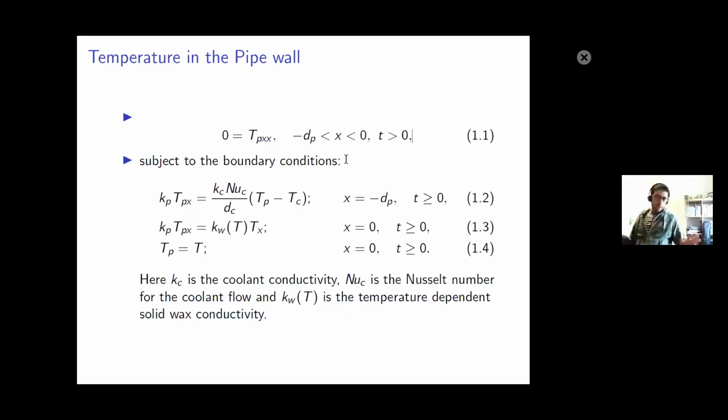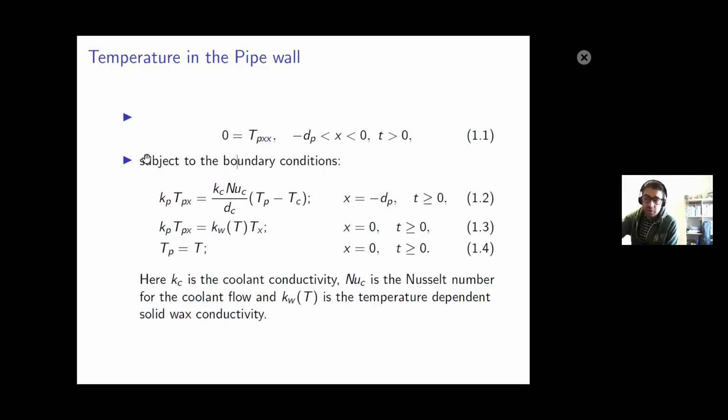Now, that's just a PDE, and this is a second order PDE in one variable. This second order PDE is quite simple to solve, and it has a general solution which is an affine function, ax plus b, where a and b are constants to be determined.